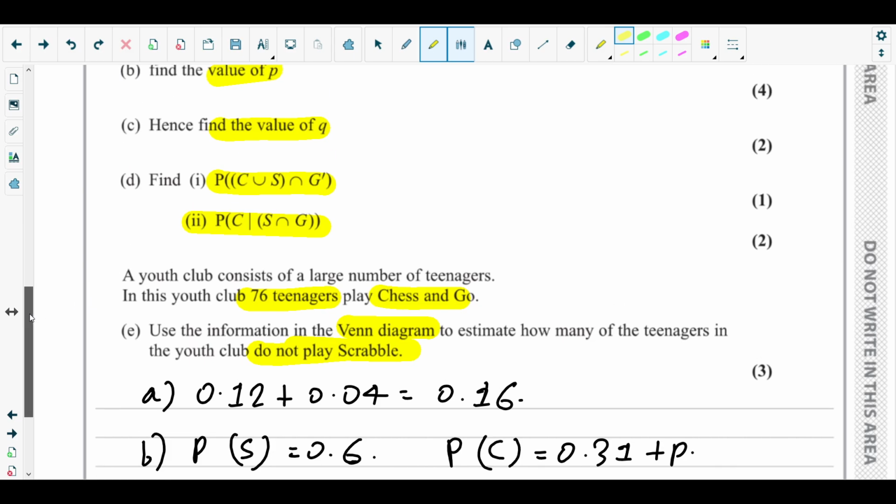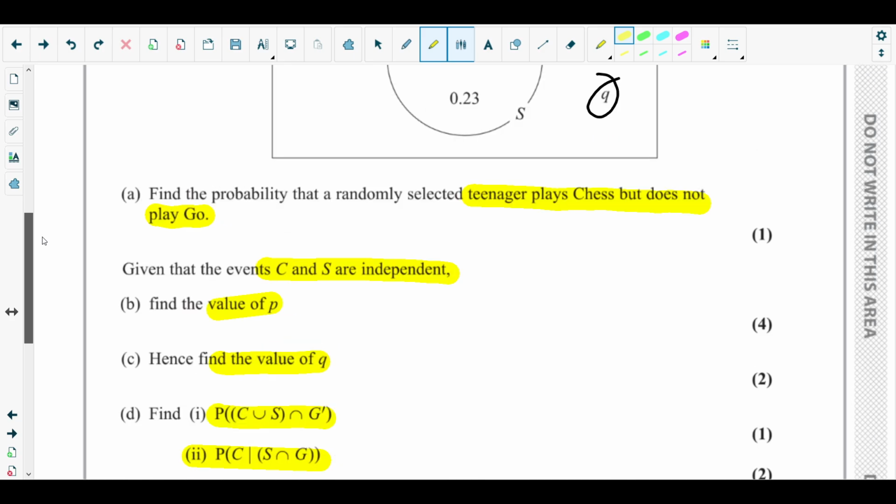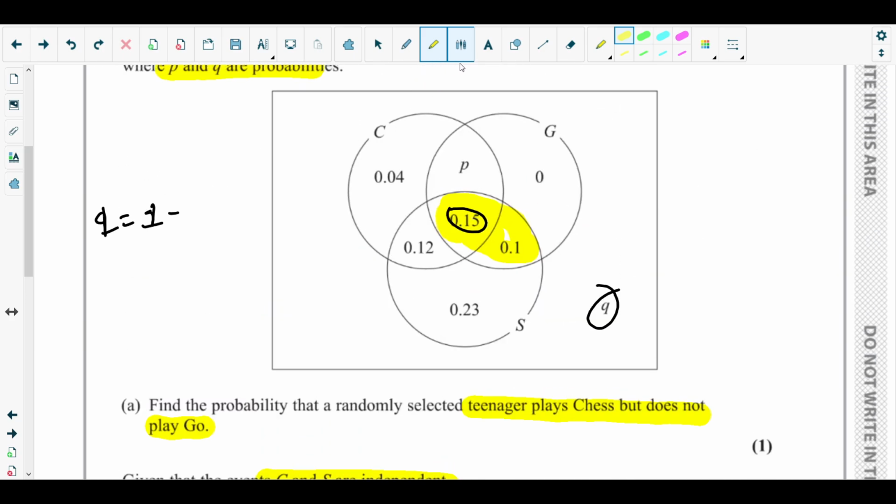Okay, so 76 play chess and go in total, right? So what's the total probability for chess and go? This is chess and this is go, right? So 0.04 plus 0.12, which is 0.16. 0.16 plus 0.14, which is 0.3, right?